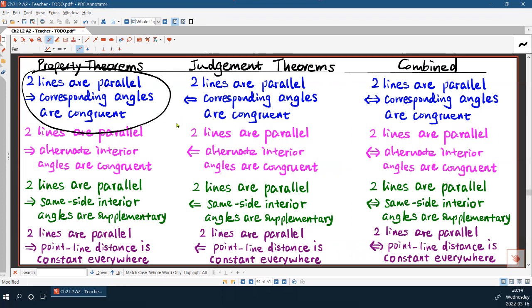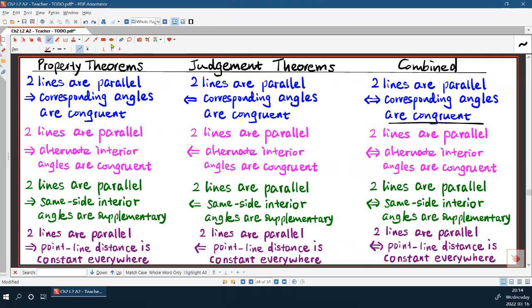For example, I can say Dora is a girl, right? And the reverse statement is every girl is called Dora. The reverse statement is not necessarily true. Only if you can prove the reverse statement is true can you combine the two statements as an if and only if statement.